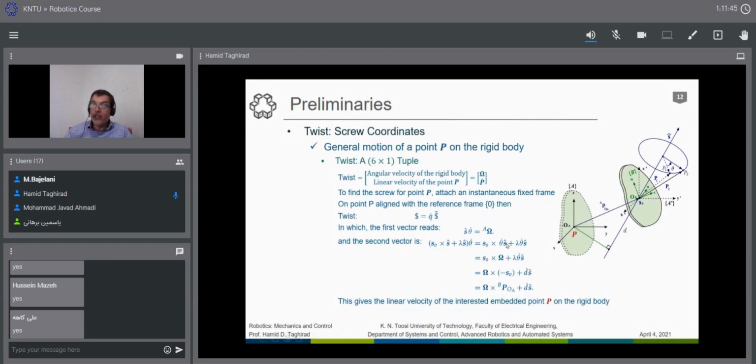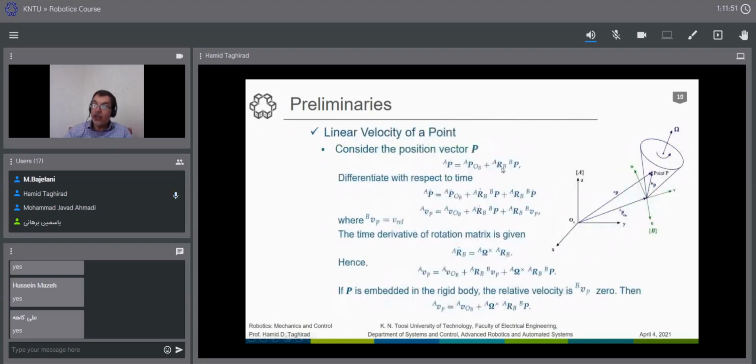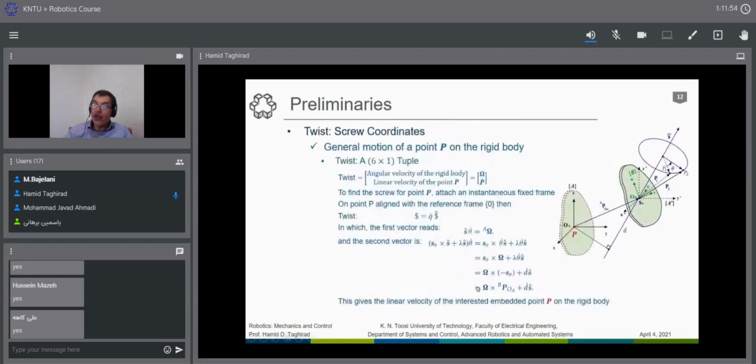Just simple omega cross POB plus D dot S. As you see in this equation, this gives you the velocity of this point P: omega cross D plus D dot times S. What does it mean, and how can we use it in screw axes? It is very simple.